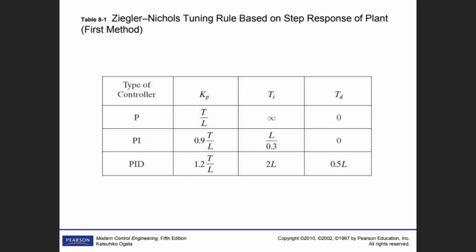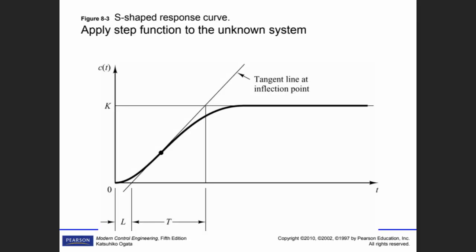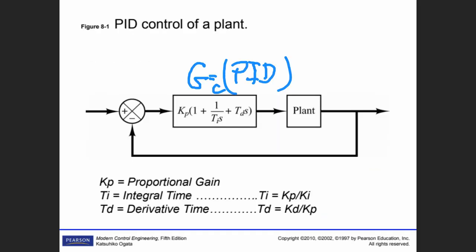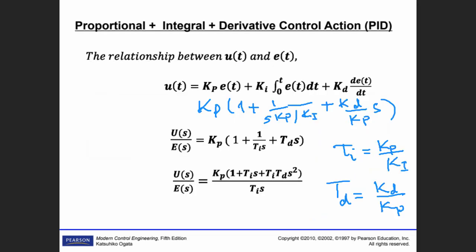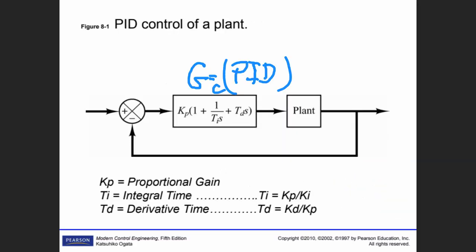What does it mean, Ti infinite? We defined it here. Ti infinite means Kp over Ki is zero. What does Ki is zero mean?